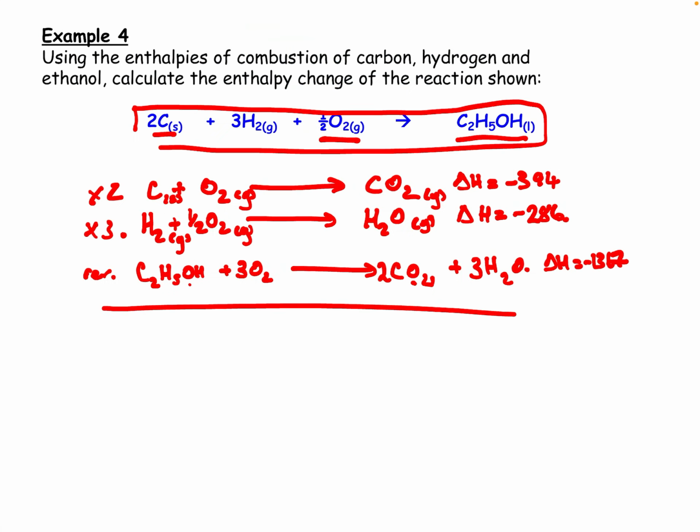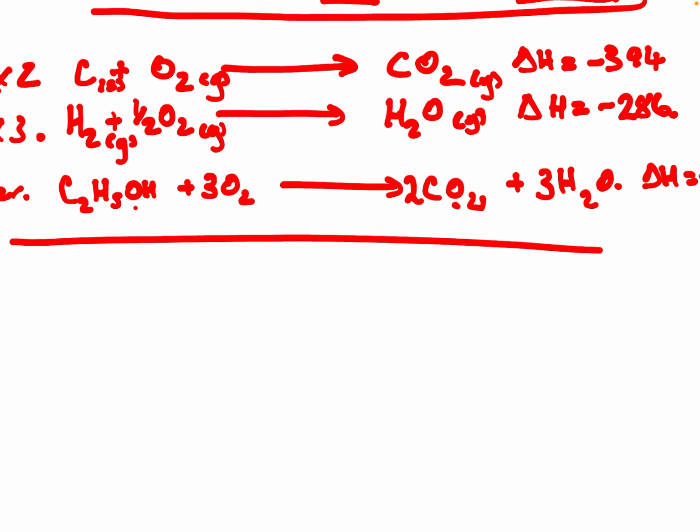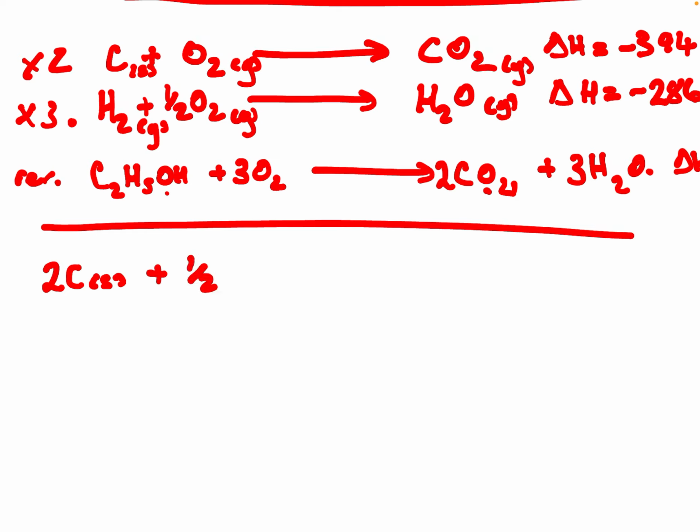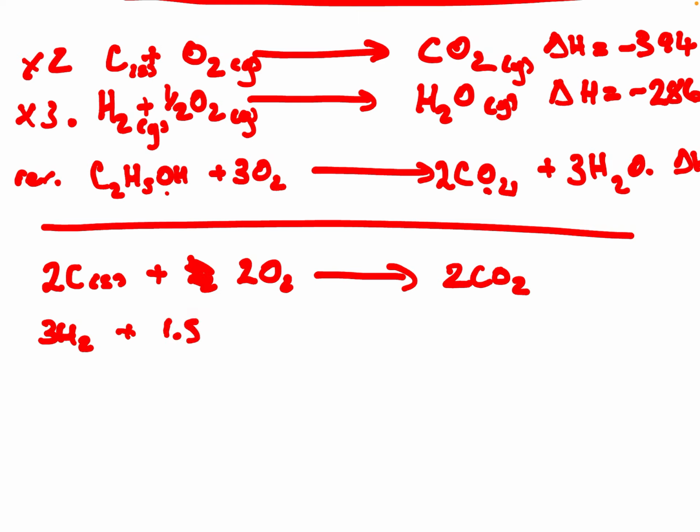Now I'm going to try and write these out again, and obviously with my new numbers. So this is going to be 2C, 2O2, and then it's going to be 3H2, and that makes 1.5O2.